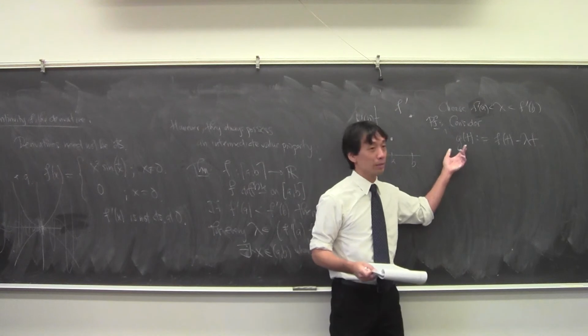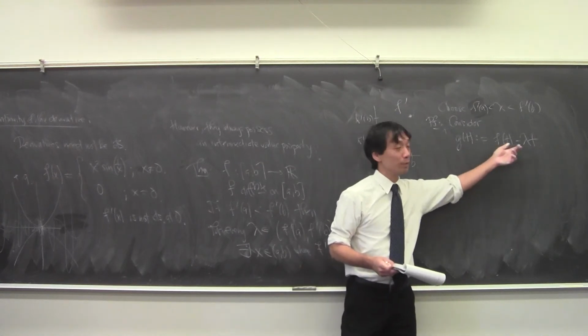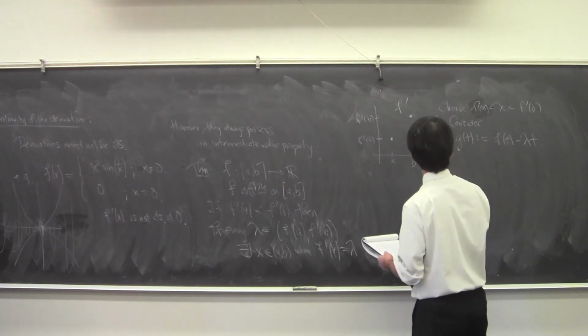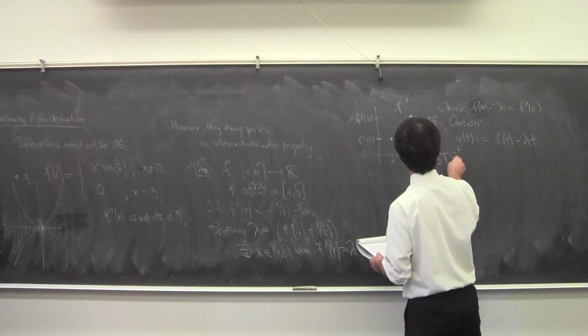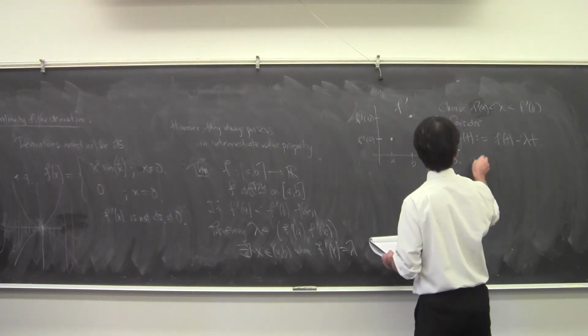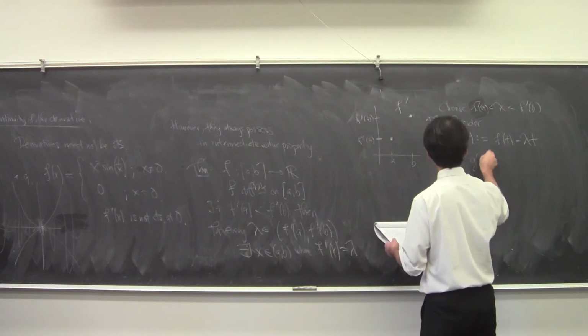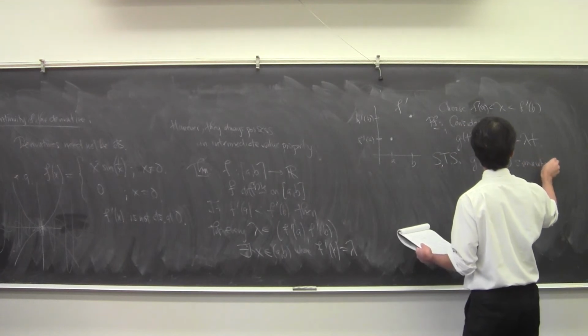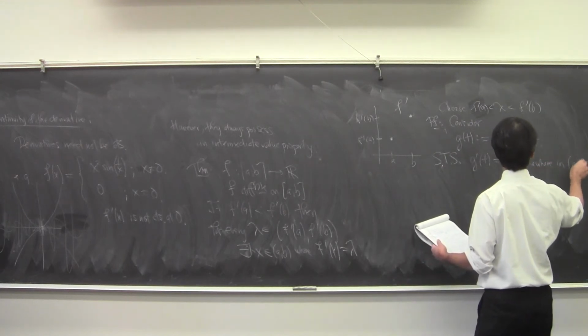And consider this function, just your function minus this line at that slope. It suffices to show that g prime equals 0 somewhere in AB.